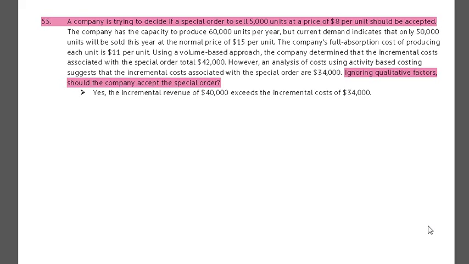So, should this be something they do? Yes, the incremental revenue, the $40,000, 5,000 units times the $8 per unit, is going to exceed the actual incremental costs. Their real costs will probably be $34,000. So this works in their favor.